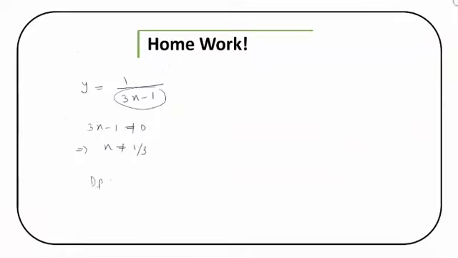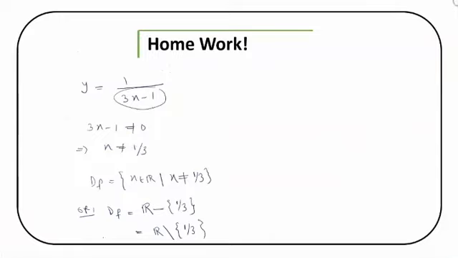So you can write the domain to be all the x values belonging to R such that x cannot take the value 1/3. Or you can write, the domain is all the real values except the value 1/3, which also means this, except 1/3. So this is question C, done.